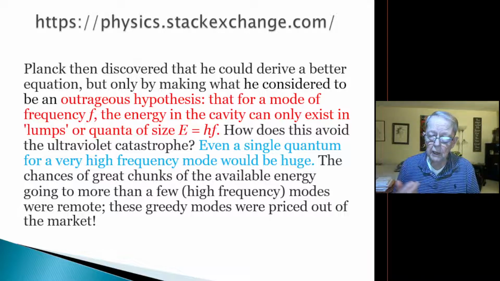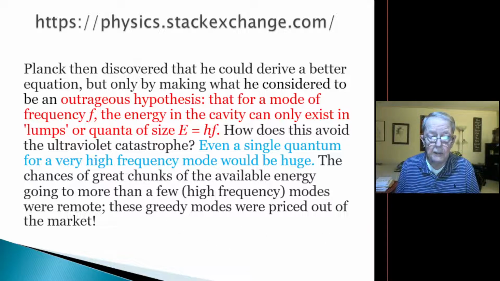It's just logically saying, if the one quanta is huge, in his mind, and it's got to exist with a high frequency, small wavelength, probably couldn't happen. Doesn't explain why, but we'll get to that.